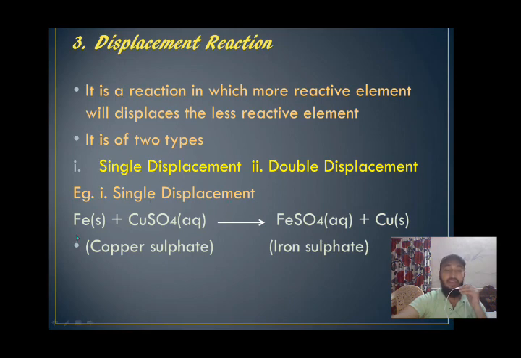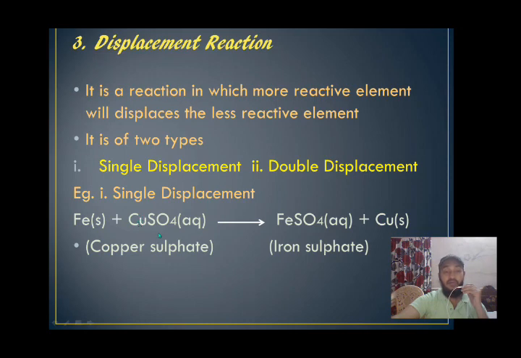In this reaction, Fe reacts with copper sulfate, CuSO4, aqueous. Aqueous means copper sulfate is dissolved in water, whereas iron is in solid state. So when solid iron is allowed to react with copper sulfate solution, what happens? This Fe, which is more reactive than copper, displaces copper, a less reactive element.